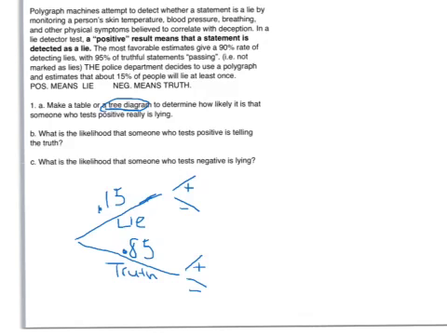So 90% of the time when a person is lying, it tests positive. So we get 0.9 there and 0.1 there. And then 95% of the time it identifies truth, which in this case is a negative result from the lie detector. It means it doesn't detect a lie, and 5% works like that.